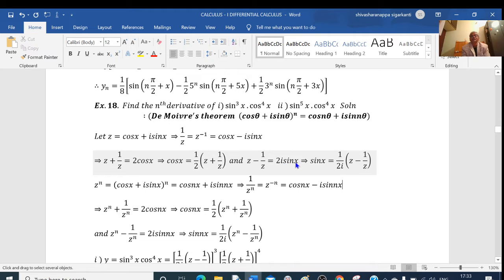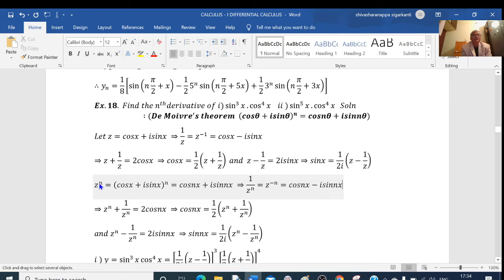So sin x can be written as 1 by 2i into (z minus 1 by z). So if I take z equal to cos x plus i sin x, then 1 by z becomes cos x minus i sin x, cos x is 1 by 2 into (z plus 1 by z), and sin x is 1 by 2i into (z minus 1 by z).